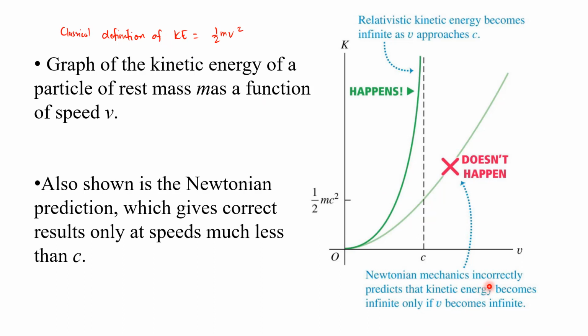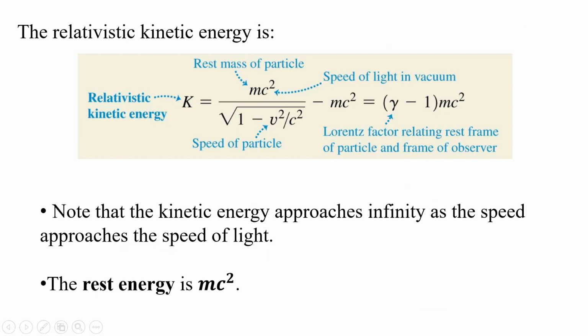Newtonian mechanics incorrectly predicts that kinetic energy becomes infinite only if v becomes infinite. What really happens is that the relativistic kinetic energy becomes infinite when v approaches the speed of light. This is the relativistic kinetic energy: K is equal to mc squared divided by the square root of 1 minus v squared over c squared, minus mc squared.